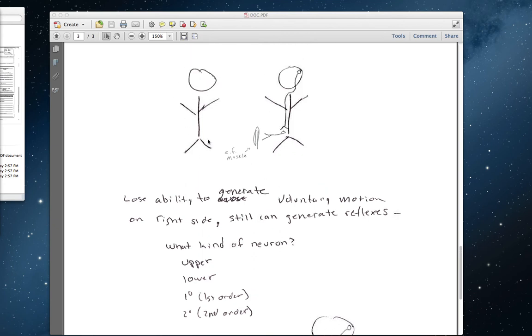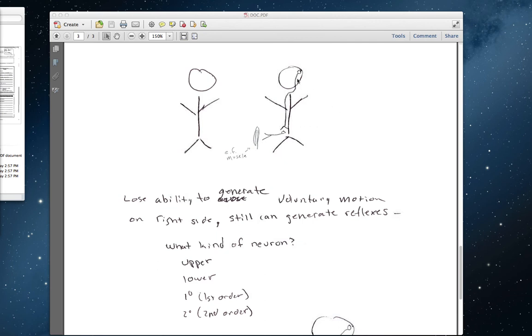Here's our diagram. We've lost the ability to generate movement on the patient's right side. So here's our extrafusal muscle fiber. In this case, unlike the sensory system where information flow was going upwards, the telephone game that we're messing up here is moving from the cortex down toward the muscle itself.